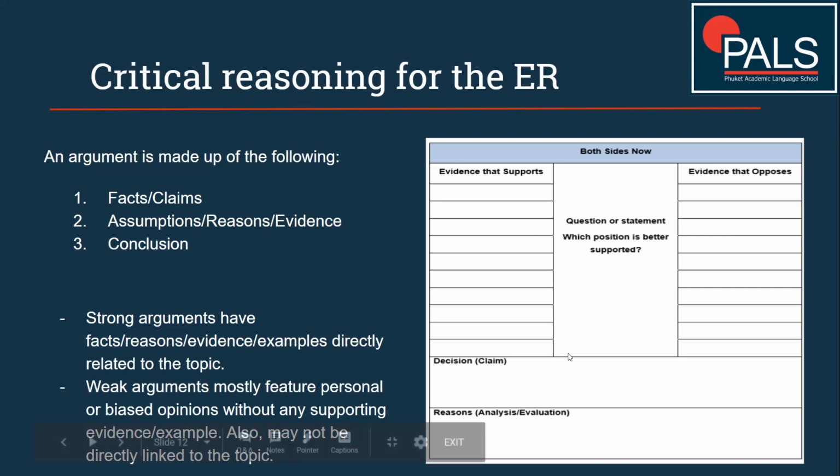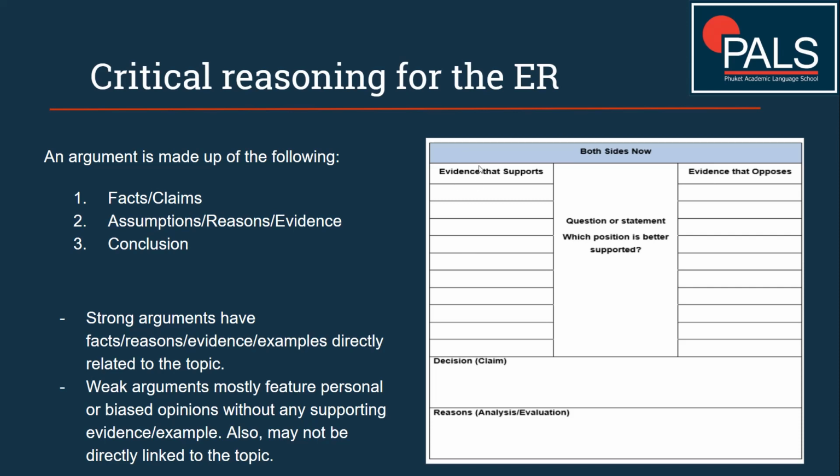Okay, so if you want to use this table, which I strongly recommend you do, you can put your decision down here, which will be your claim, which will be that you feel that Article A is better supported for whatever reasons that is. Okay, now remember, in the extended response, if you want to score decent points, you have to say why you have the decision that you have. So why is evidence from Article A stronger than evidence from Article B?